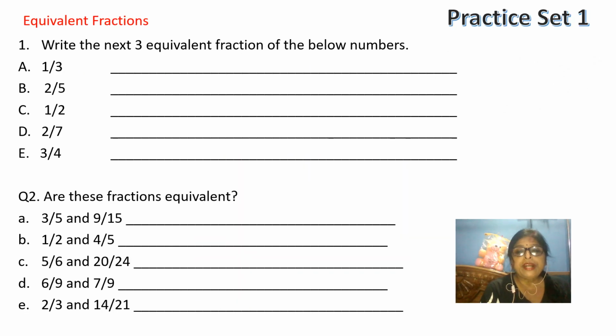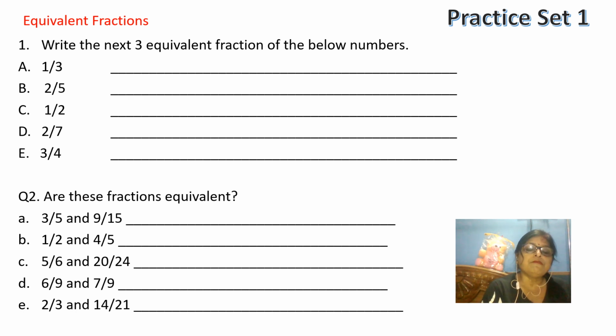Now my dear students, it's your turn to do the sums. A practice set is given in this slide and you have to do it in your copy. Note down your questions in your copy and do it. In question number 1, you have to find out 3 equivalent fractions of the given number.